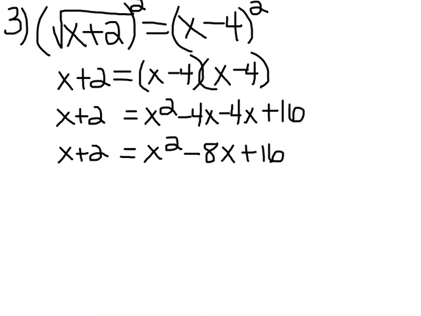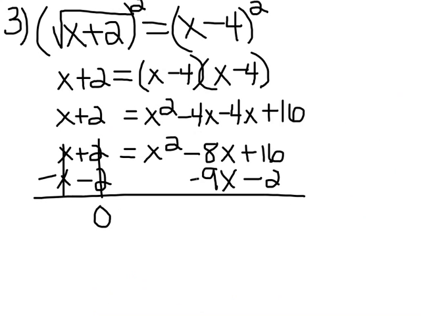Now, in order to solve this equation, we'll need to move everything to one side. So we should move everything so that x squared has a positive coefficient. So let's move this x to the right side of our equation, and as well, the 2 will move to the right side.